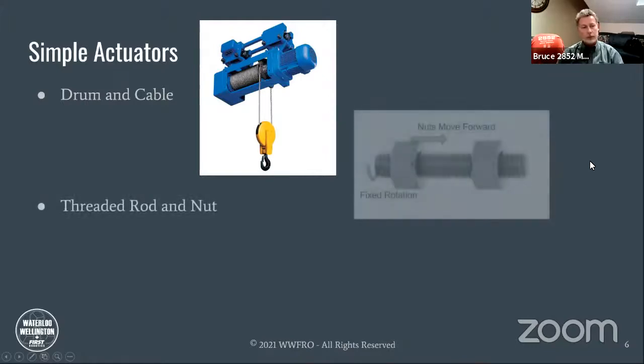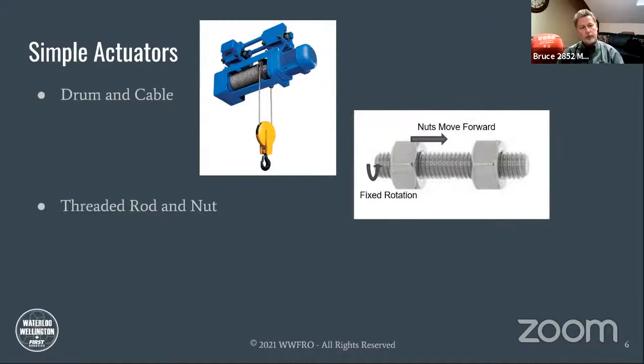Another common method: a threaded rod and a nut. Very simple. If the threaded rod is constrained to only rotate and the nut is prevented from rotating, as the threaded rod rotates, the nut will move forward.